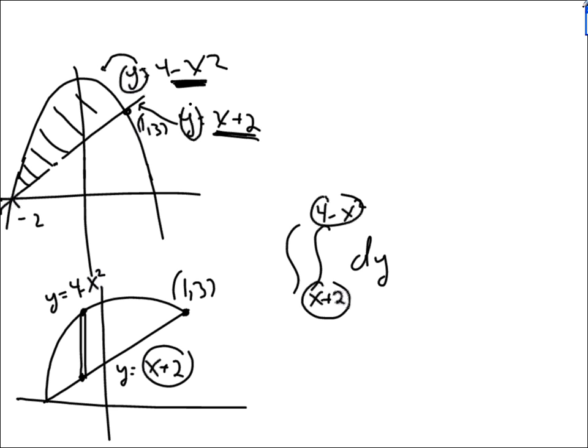You should write down either a number or y in terms of x. That is, you should write down x's, but it better equal y. What I wrote on top, 4 minus x squared, does equal y. And then dx. Well, the least x here is negative 2, and the biggest x can be is 1. So negative 2 to 1. And that integral will give you that area.